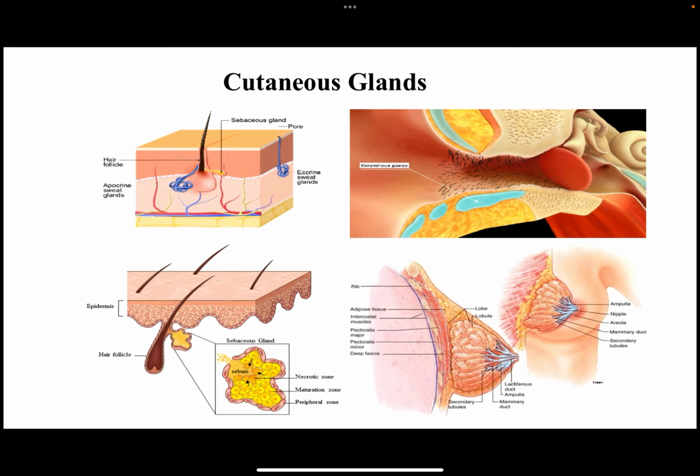Then we have the sebaceous glands. You can see them in the diagram. The sebaceous glands are flask-shaped holocrine glands that are closely associated with the hair follicles.